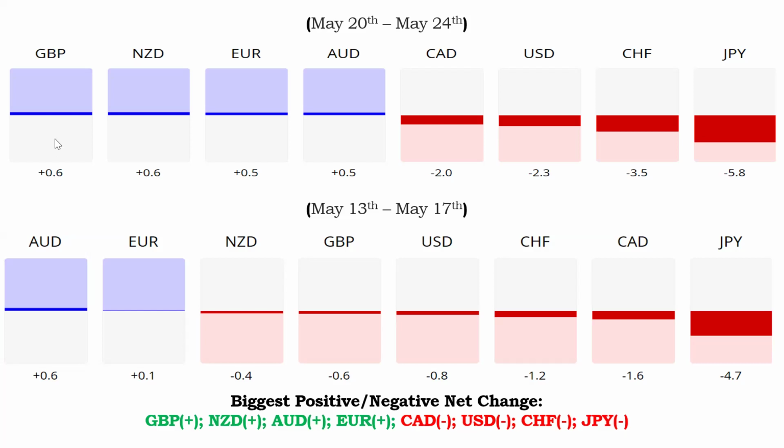So we have four strong currencies for the week: GBP, NZD, Euro, and AUD, pairing them up with the weakest, which are Canadian dollar, USD, Swiss franc, and Japanese yen.